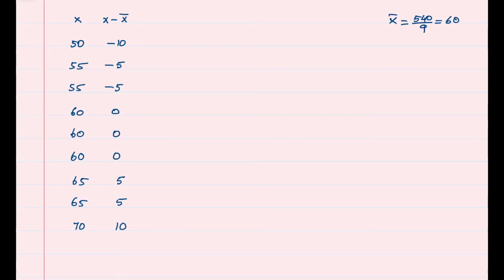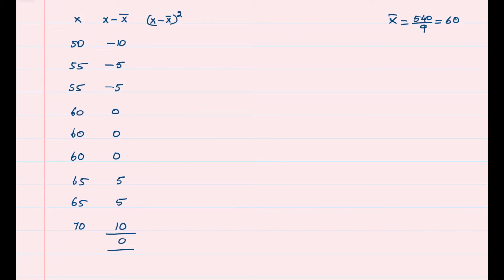Now if I add up all these deviations, the total comes to 0. That doesn't mean that the observations are not deviating from the mean. The problem arises because some of the deviations are positive and some of the deviations are negative. For a normally distributed data, the sum of the deviations will be 0. To avoid this problem, we will square all deviations to make them positive.